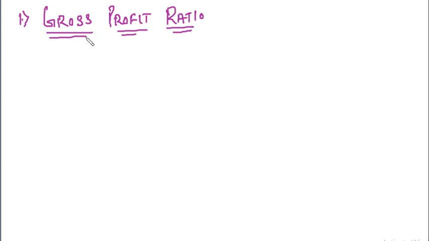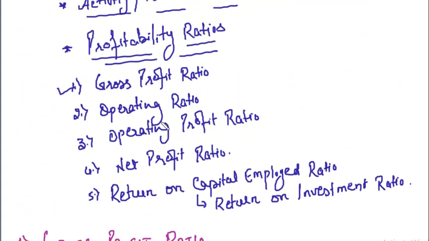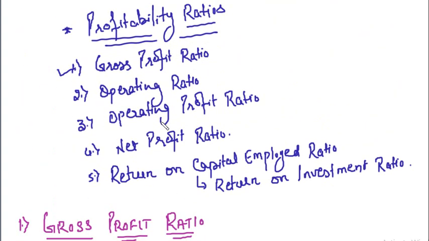Right? Now if we talk about this term profit, in the very beginning I told you, see, the main aim of any business is to earn profit. Right? So this is what we are going to identify through all these profitability ratios, whether our aim is being achieved or not, whether we are earning sufficient profits or not.